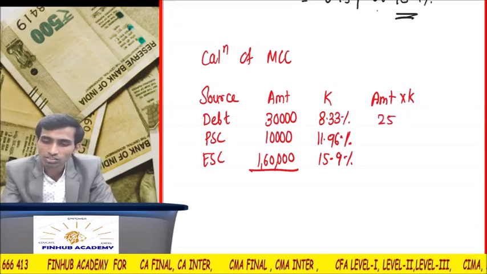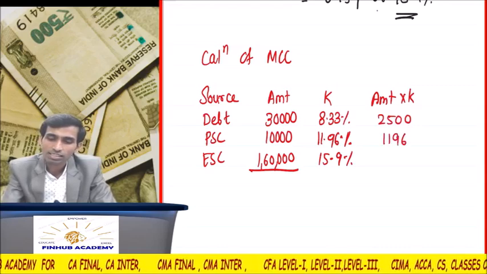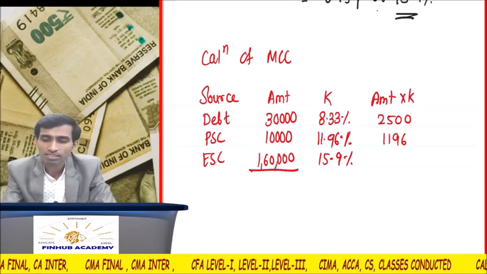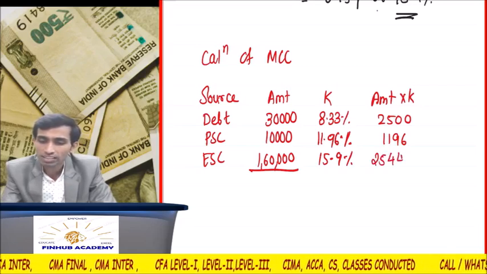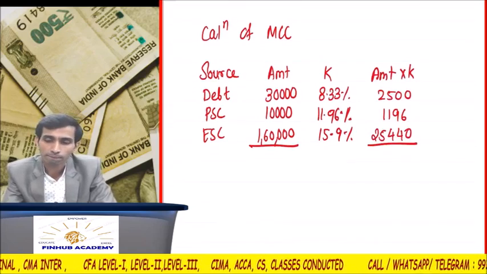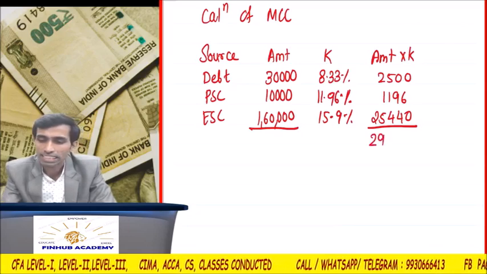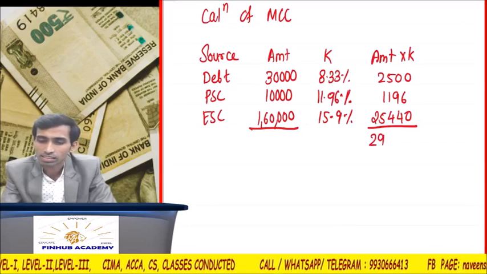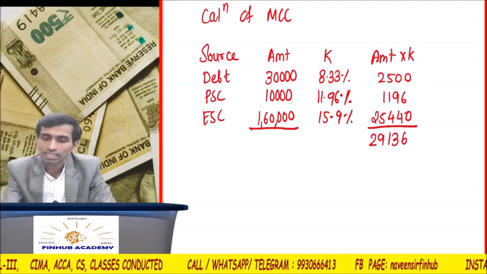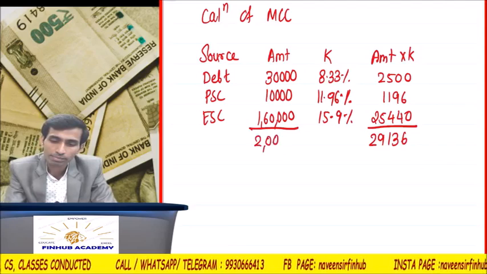Yes, 2,500. Next, 1,196. Next, 440. Hmm, so take the total: 29,136. 1,60,000 plus 30,000 plus 10,000, this is 2 lakhs, same.